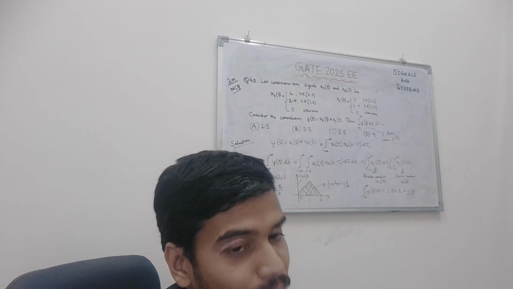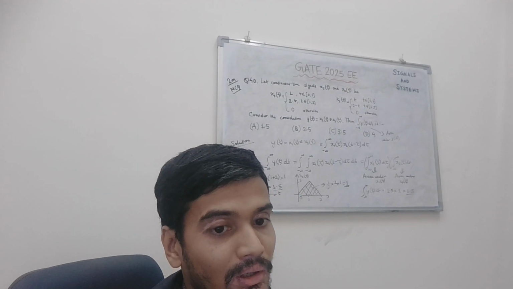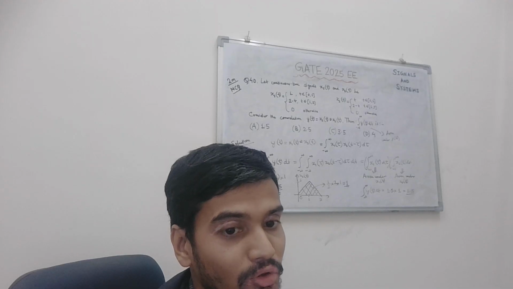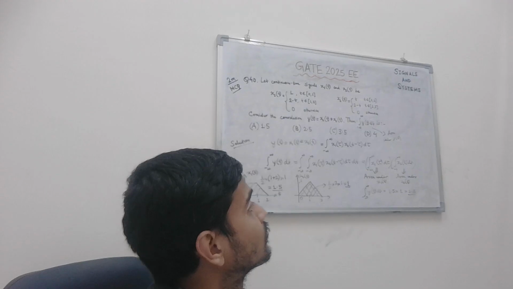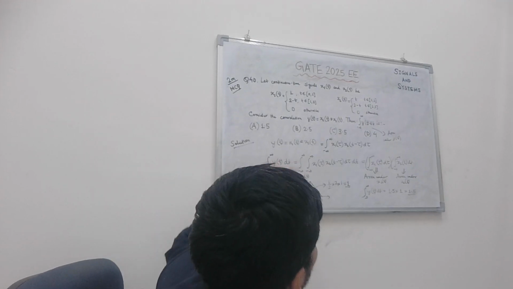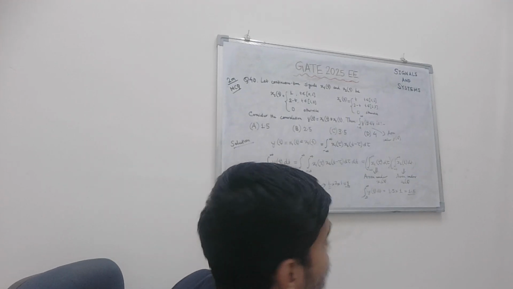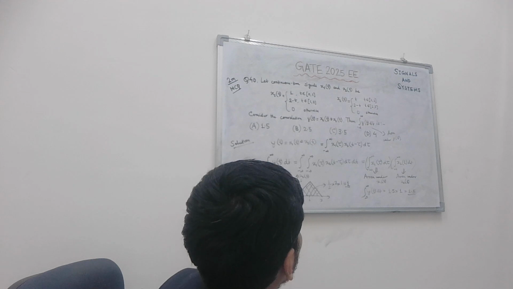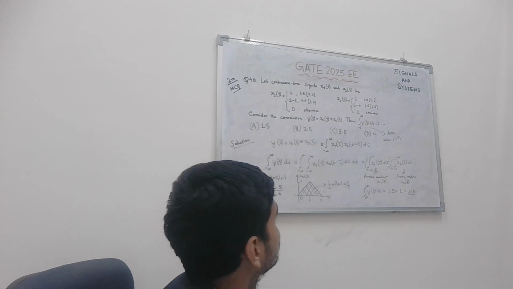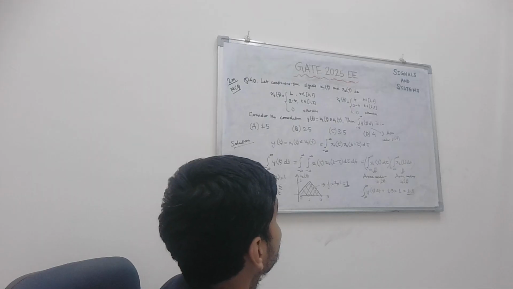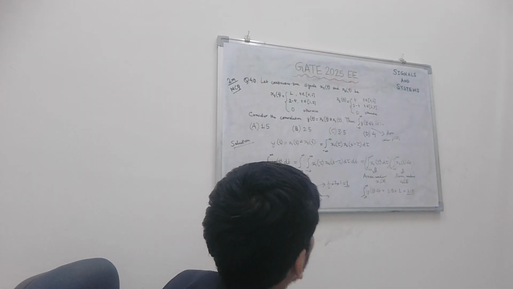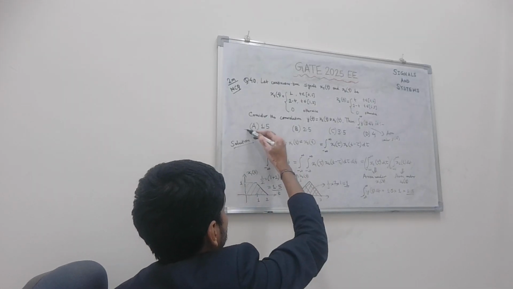So using the property that the area under the convolution of two functions is the product of their areas of the individual functions, and also showing it mathematically using the steps, we obtained the answer to the question as 1.5, which matches option A.